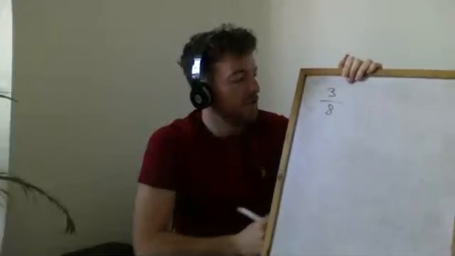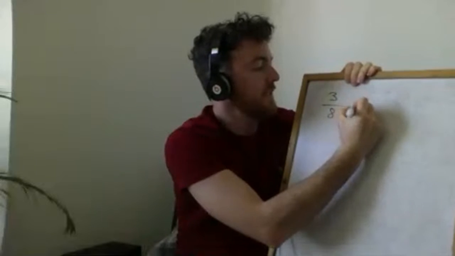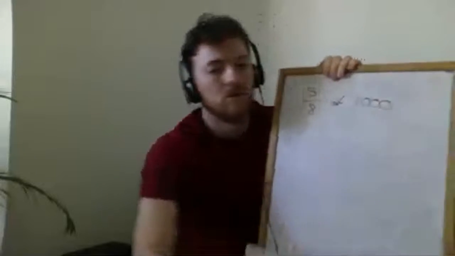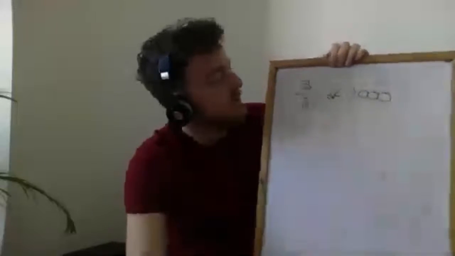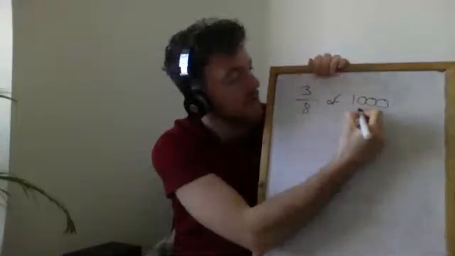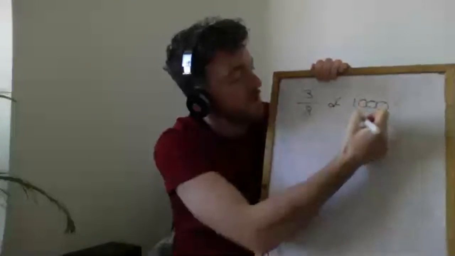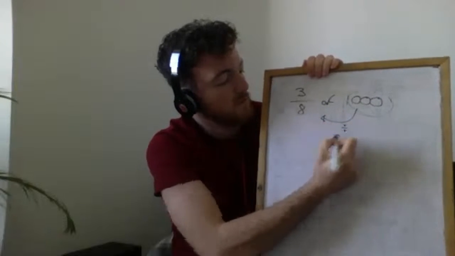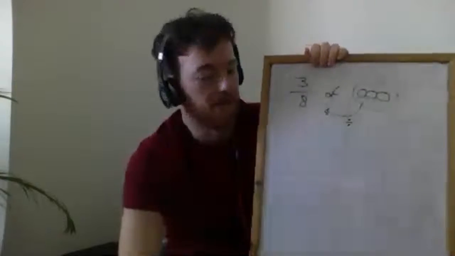So if we've got 3/8 of a litre, essentially you've got 3/8 of 1,000 mils. Okay, and I can see the chats are going up, which is super. So for this, if we're doing fractions of amounts, we take our amount and we divide it by the denominator.